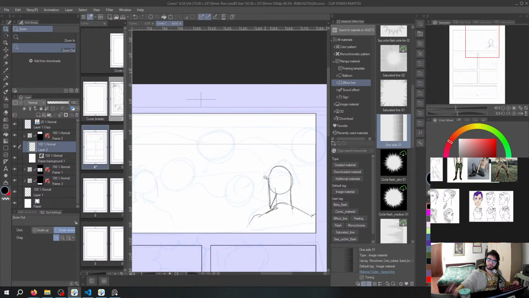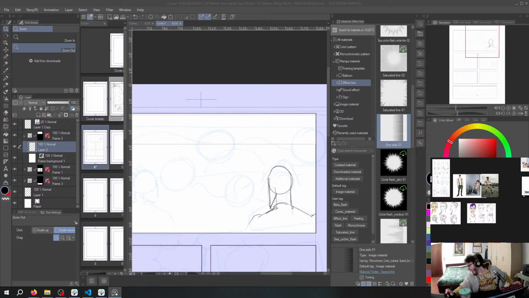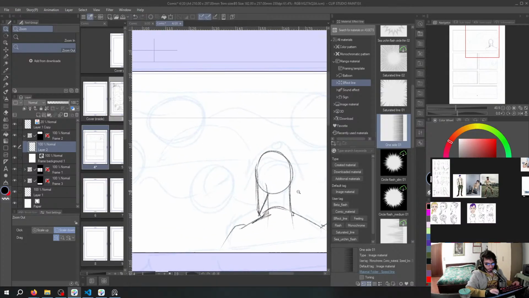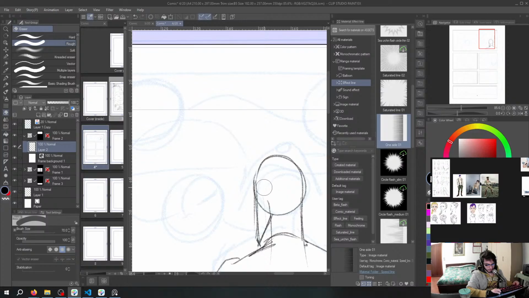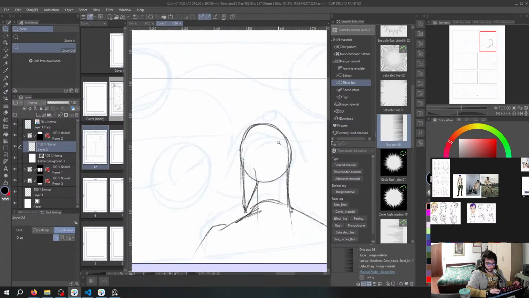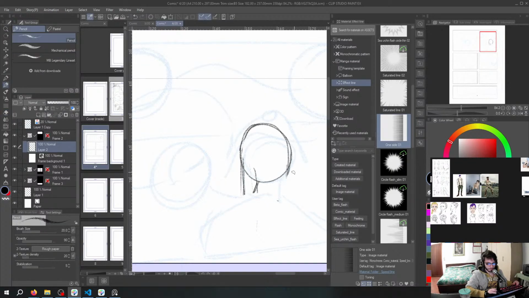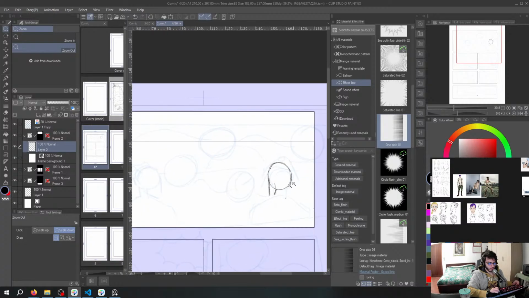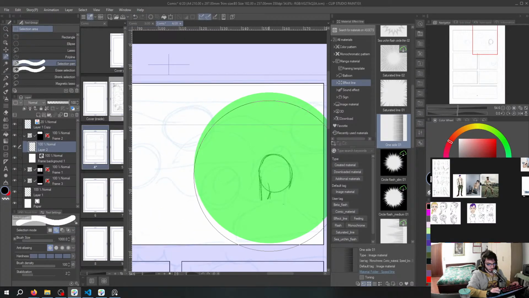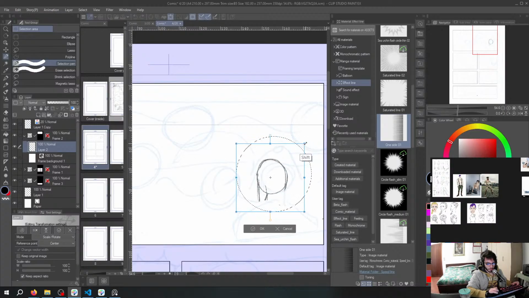Son of a bitch. I'm so not feeling it, man. I think that the head is too big for what I'm trying to pose here.